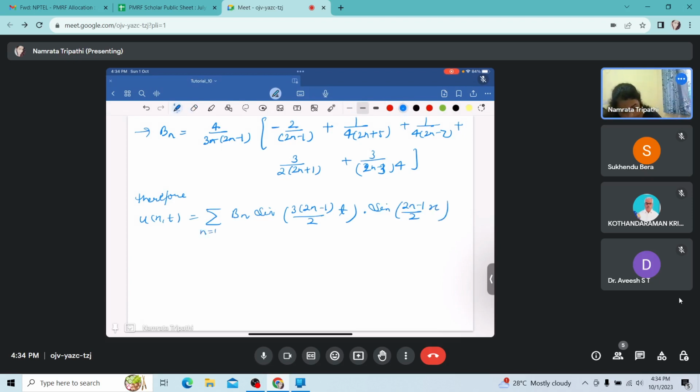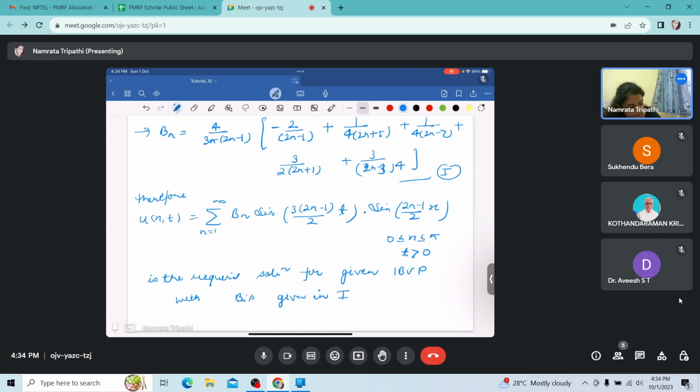Where n is from 1 to infinity, x is from 0 to pi and t is greater than 0. Fine. So this is the solution.